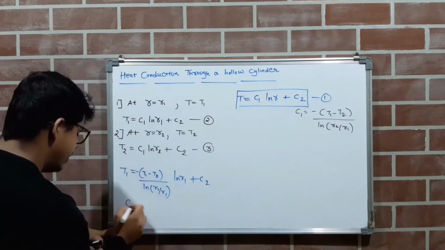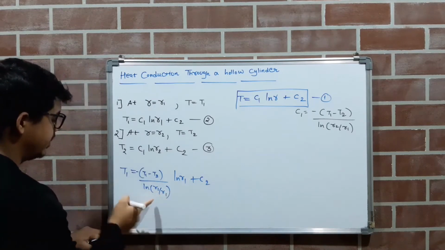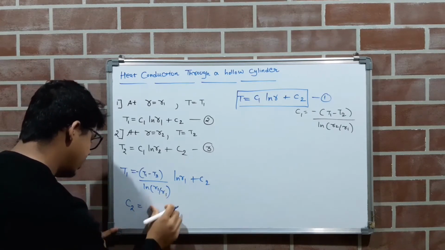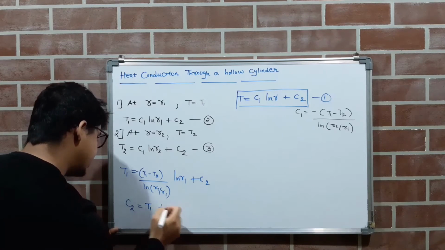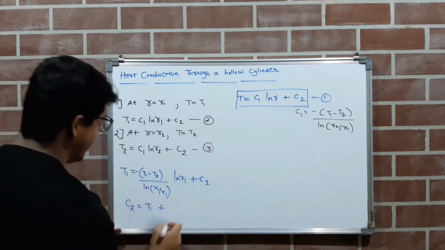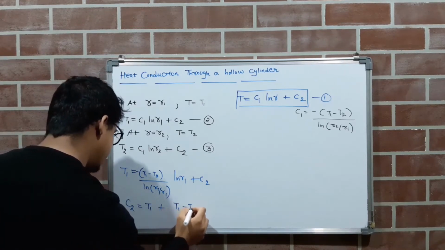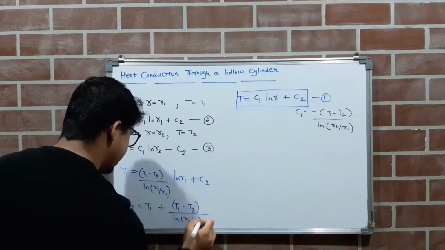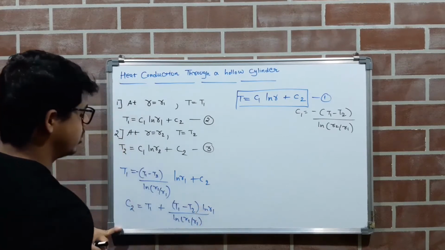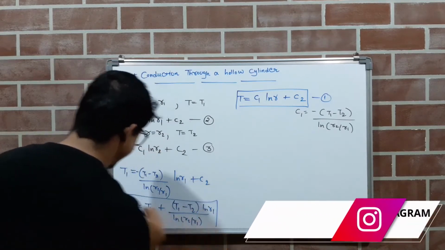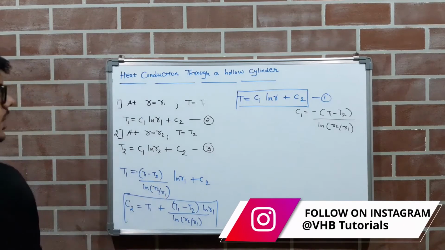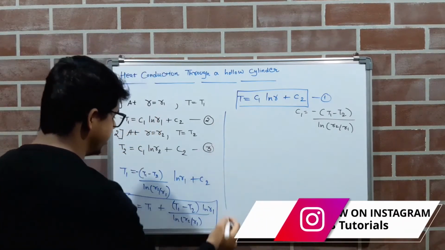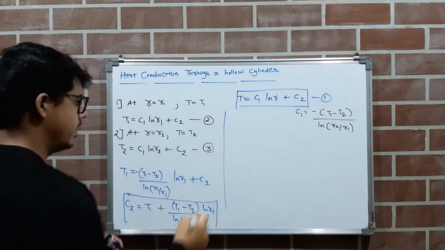So C2 equals, I will bring the whole term to the left hand side, T1, plus, since this is minus, on the left hand side it will be plus, T1 minus T2 upon ln of r2 upon r1 into ln r1. So this is the value of C2 which we are getting. The next step will be putting the values of C1 and C2 in this equation, and we will get our temperature distribution in case of a hollow cylinder.